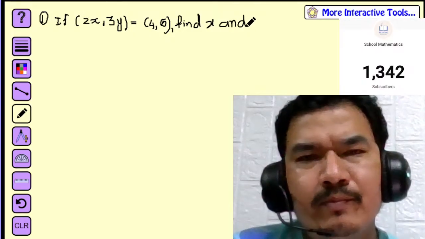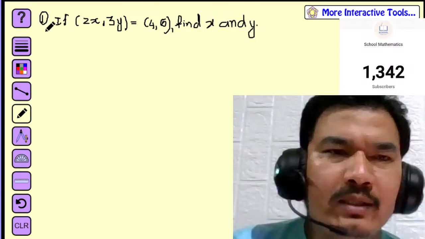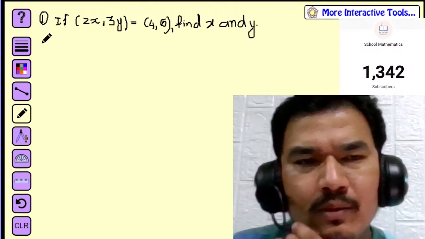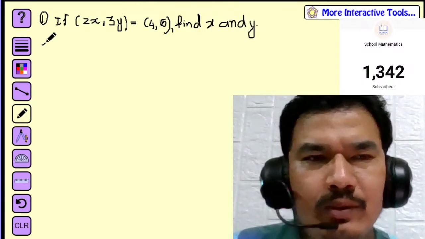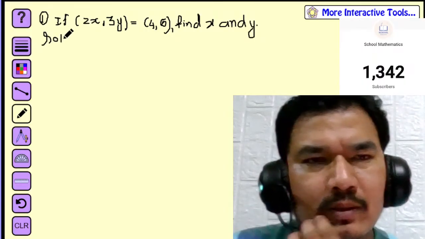Questions like this, okay? Find x and y. Yes, in this question, how to solve? Look here, I want to show you the steps. Write your solution first.